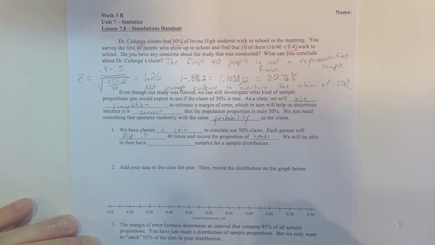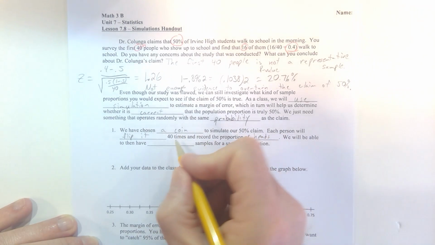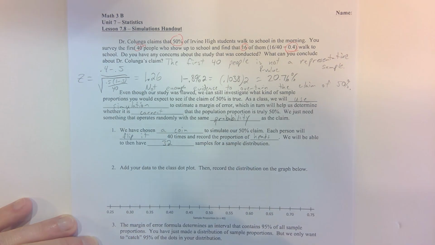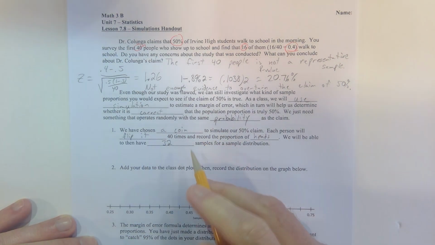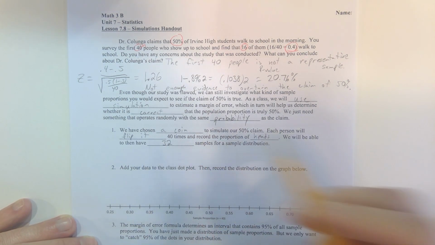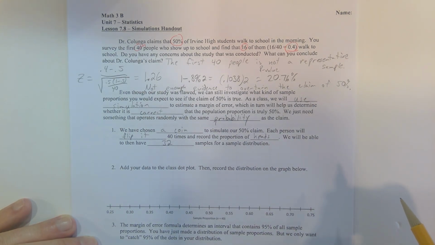Heads would represent the person walks to school. Tails, the person doesn't walk to school. We typically have about 32 people in a class, so we would then have 32 samples or simulations that we could use to get at this question.